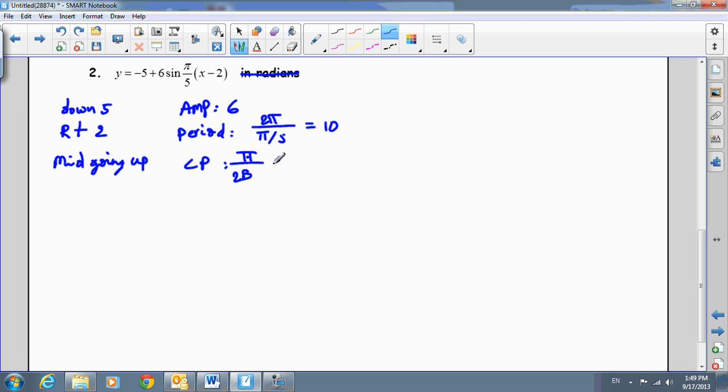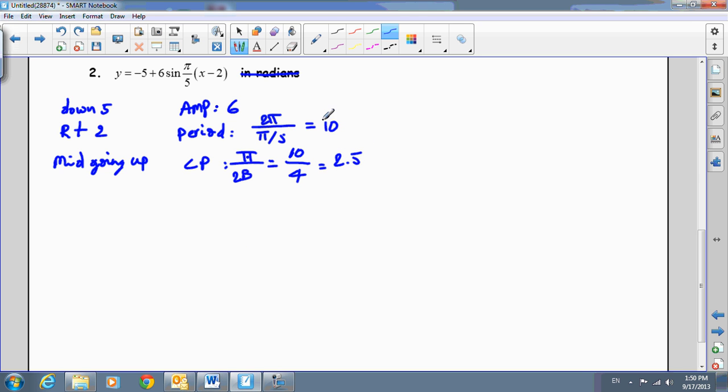If I do pi over 2b, I should end up with the period of 10 divided by 4. If you divide by 2, you get 5. You divide by 4, you get 2.5.